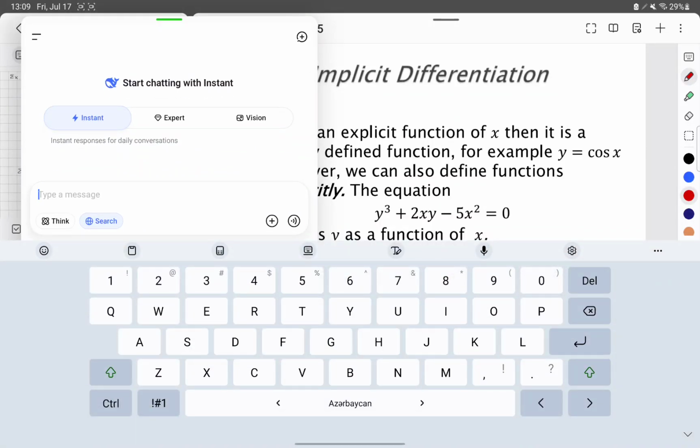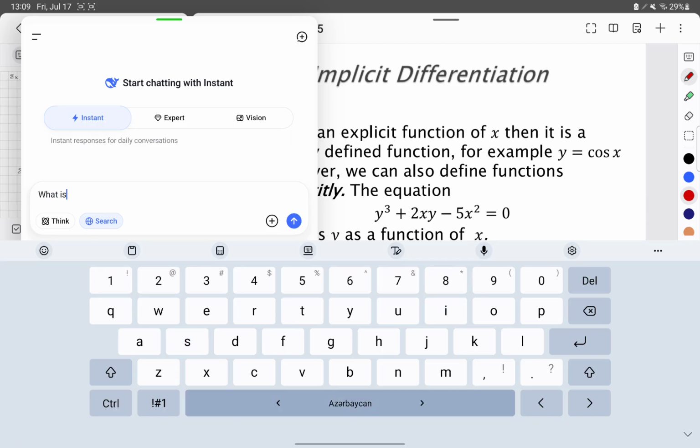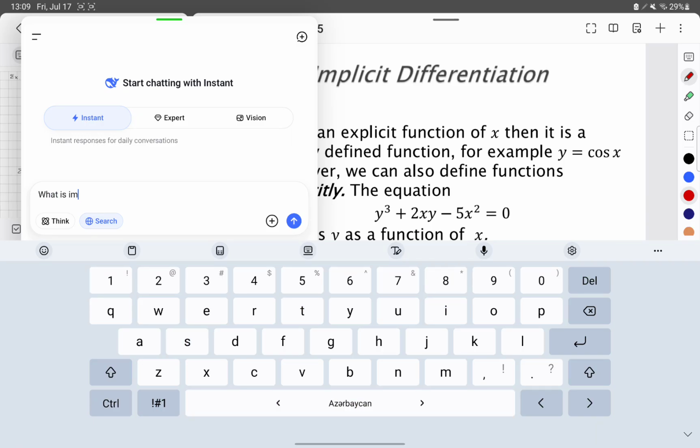What is implicit differentiation? Explain it to me simply, and why we use it, or when we use it.